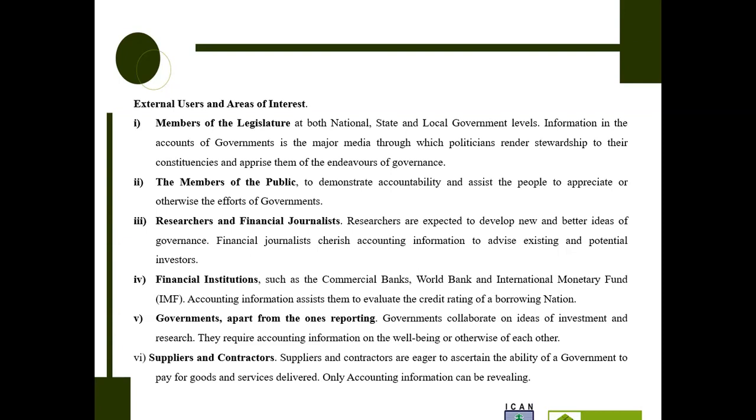We have the National Assembly, the State Assembly, and the honorables in the local communities. Information in the accounts of government is the major medium through which politicians render stewardship to their constituencies and apprise them of the endeavors of governance.